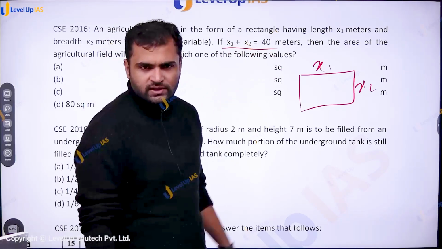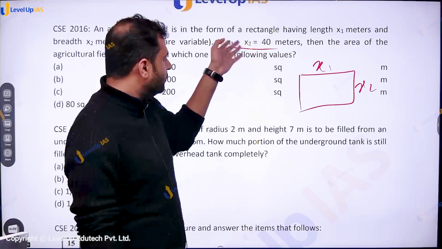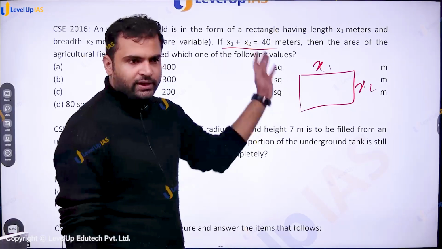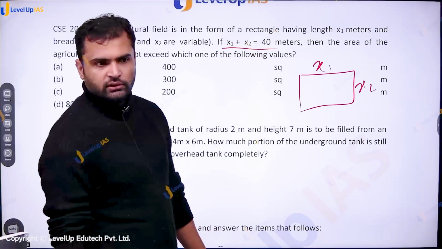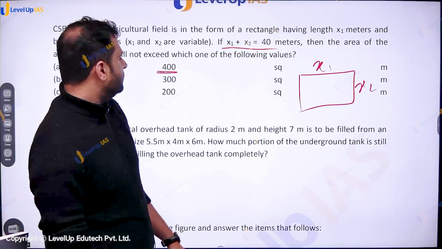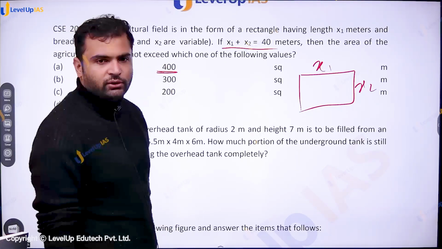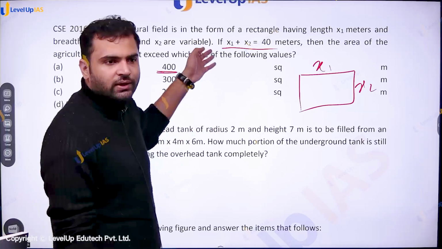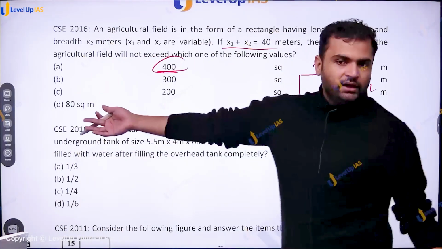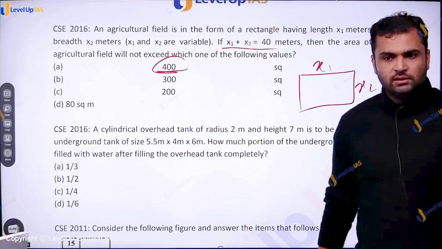If both values are same, one is 20, the other 20. In that case, the area would be 400, 20 into 20, right? And 400 is there in the options, plus it is the highest value. Question is what can be the highest value of the area? इससे highest तो option में ही नहीं है, तो यही होगा आंसर.